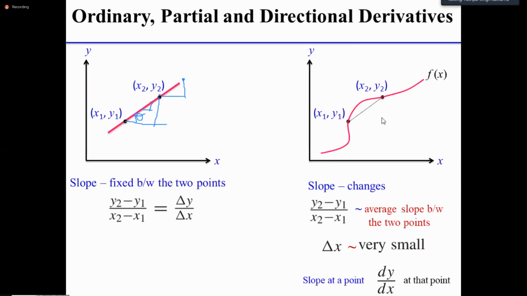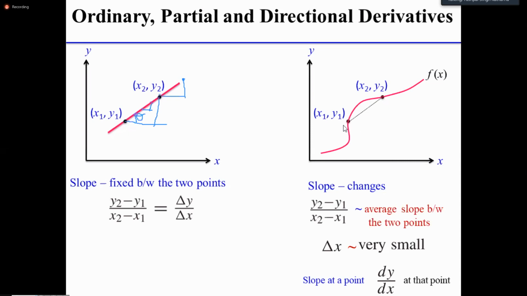So suppose I have a curve which is varying arbitrarily, like this. So this is fx, which varies with x, or maybe x and y.